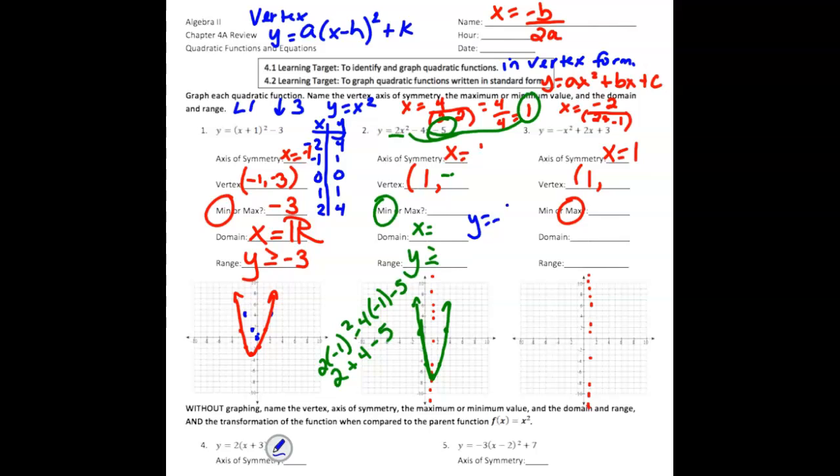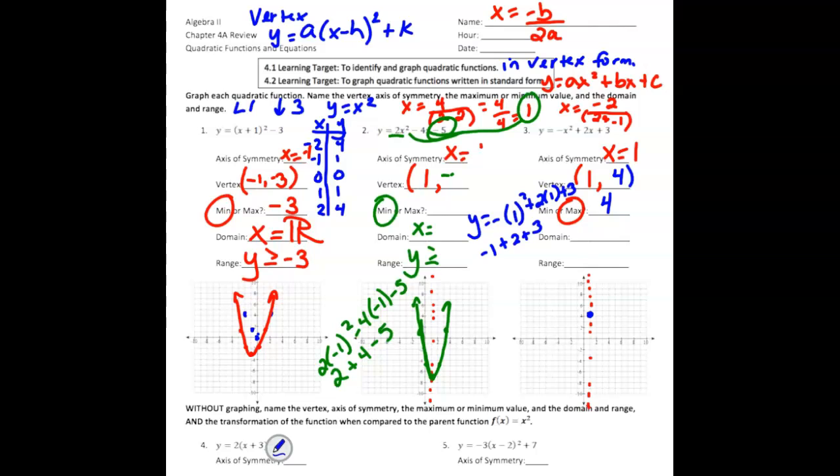So we've got negative 1 squared plus 2 times 1 plus 3. So 1 squared is 1. The negative in front makes it negative 1. 2 times 1 is 2 plus the 3. Negative 1 plus 2 is 1 plus 3 is 4. So we have a maximum value at 4.